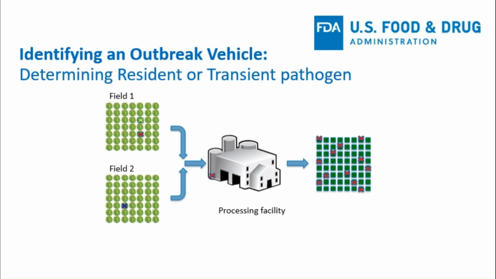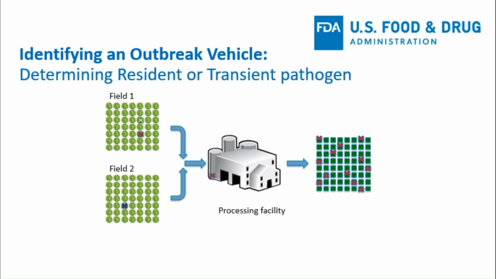It may be the adjacency to animal production. And similarly, when these foods get harvested and go through food processing, some of those pathogens can actually take up residence within the processing facility.